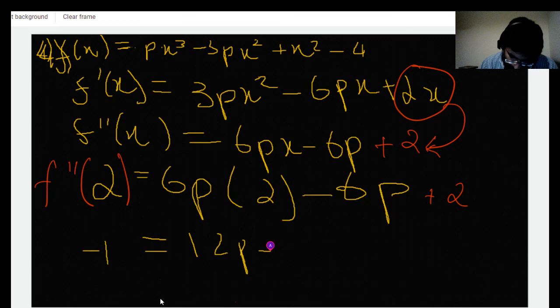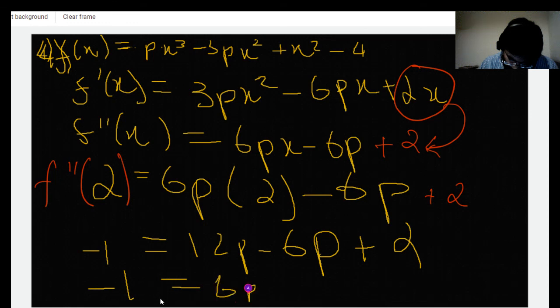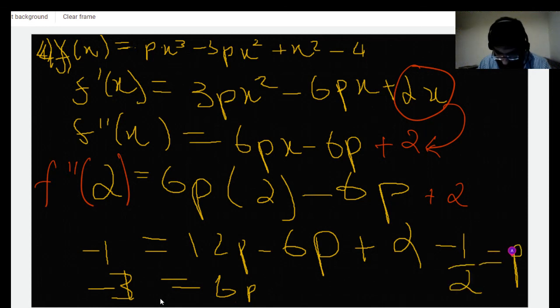So minus 1 is equal to 6p plus 2, minus 3 is equal to 6p, so minus 1 by 2 is equal to p. GG, good game, have fun, tata, bye.